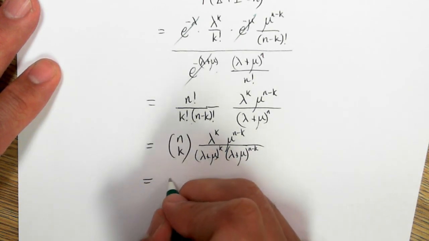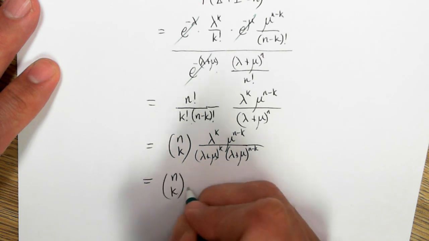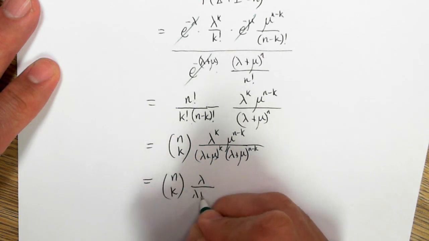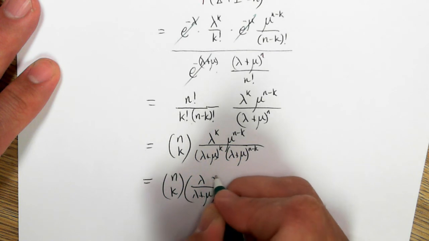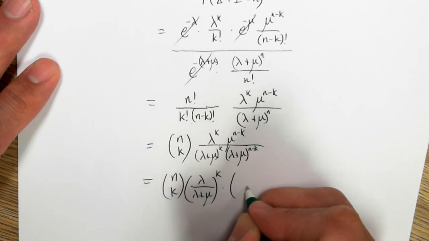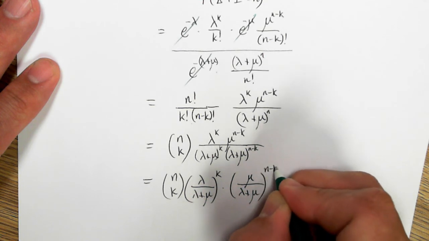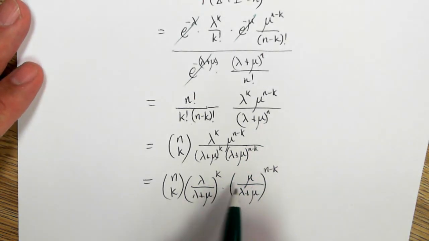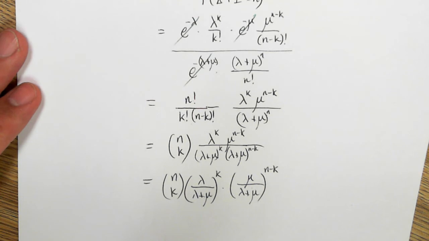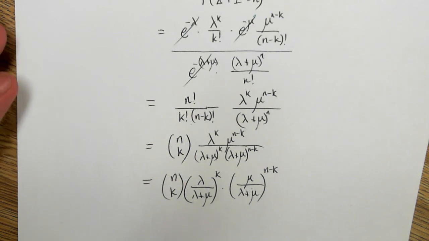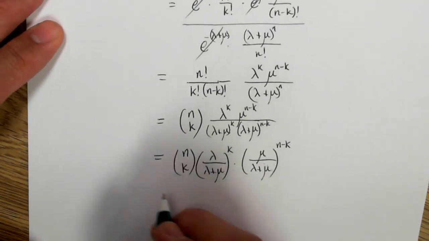Then this becomes n choose k, lambda over lambda plus mu to the k, times mu over lambda plus mu to the n minus k. And notice that these two things inside the parentheses add up to 1. If I add up the things inside the parentheses, I get lambda plus mu over lambda plus mu, which is 1. So this follows a binomial distribution.